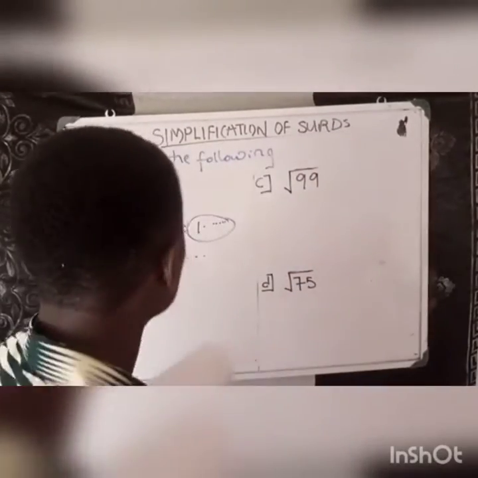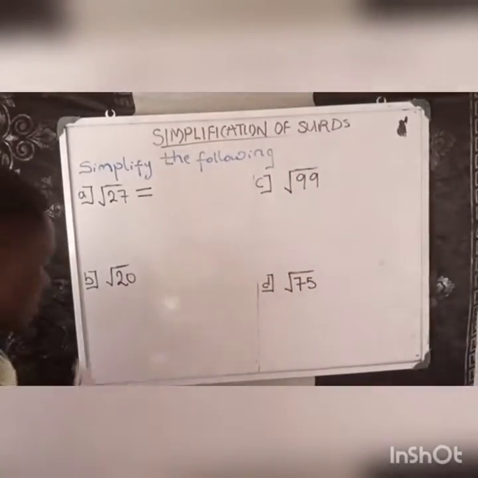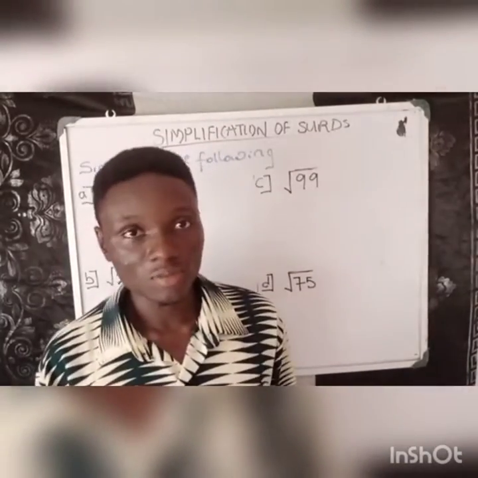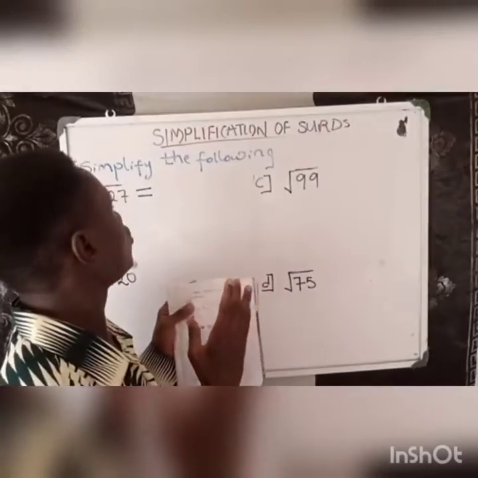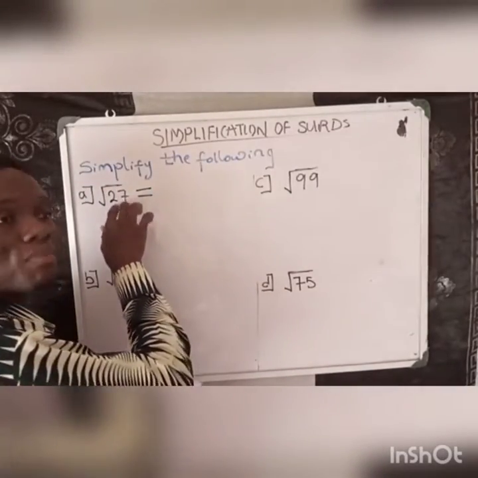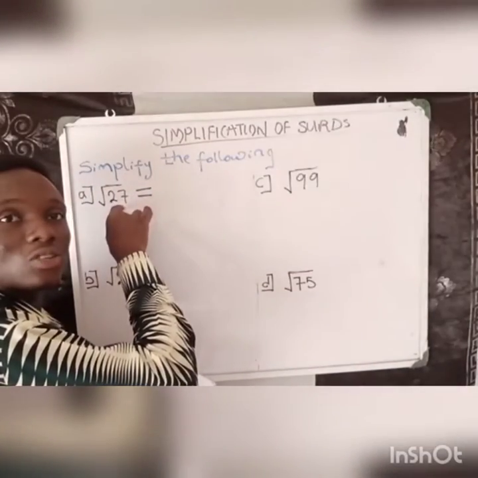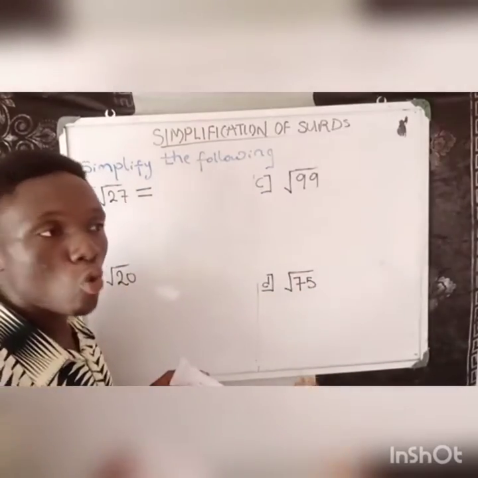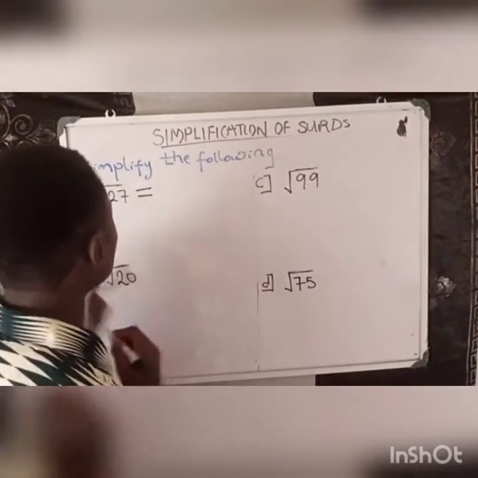So now let's take some of these examples. Whenever you're asked to find the square root of something in surd, you should try to simplify the number inside this square root into a number that is a perfect square. What do I mean by perfect squares?